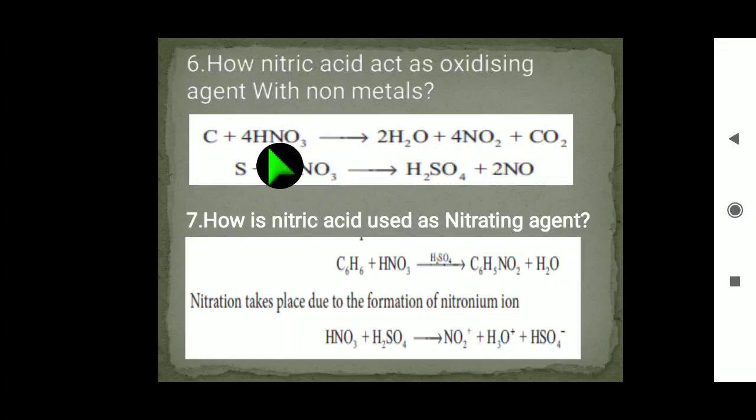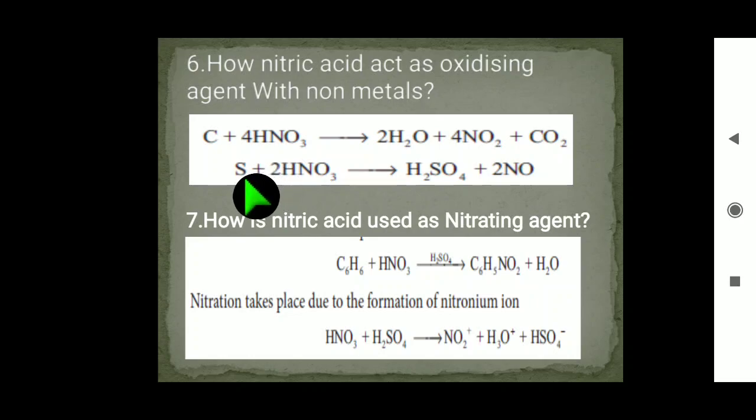Here in nitric acid, nitrogen oxidation state +5, nitrogen dioxide, here nitrogen oxidation state +4, oxidation number decreases, but it oxidized carbon, carbon turns to carbon dioxide.